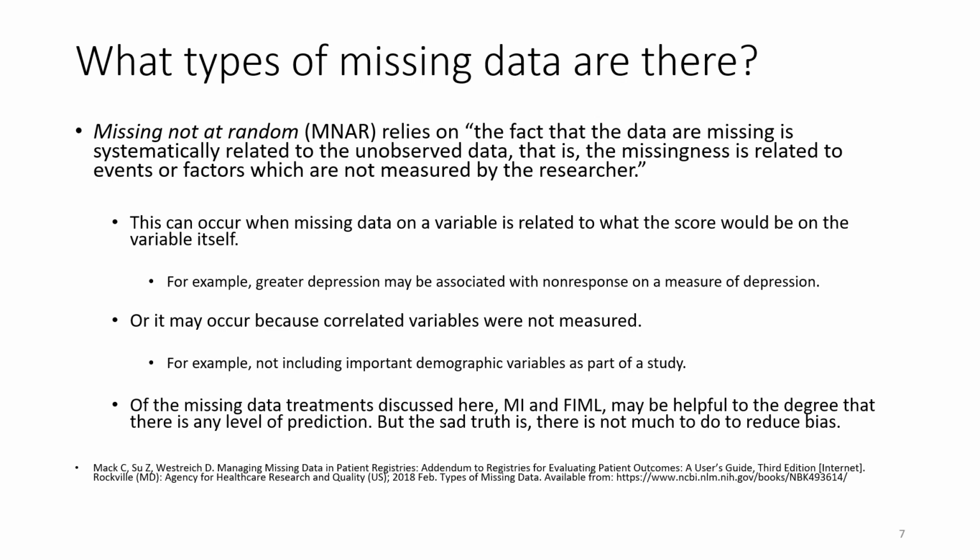So let me just conclude by saying that missing not at random is a state of missing data that really introduces bias. There is systematic bias in the missing values, but you really don't have any way of fixing or removing that bias. And so that is a perilous state.